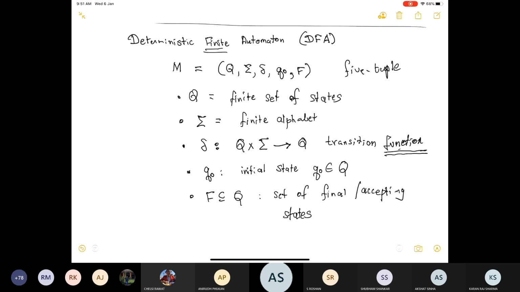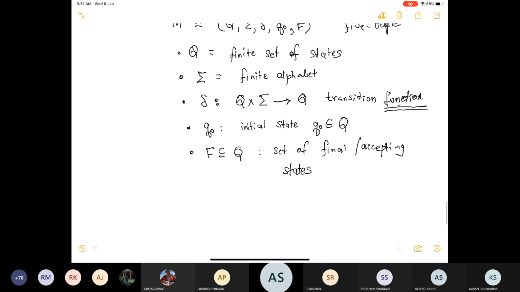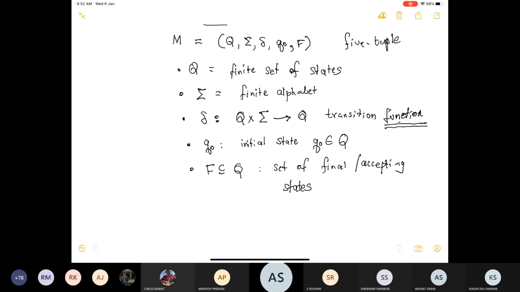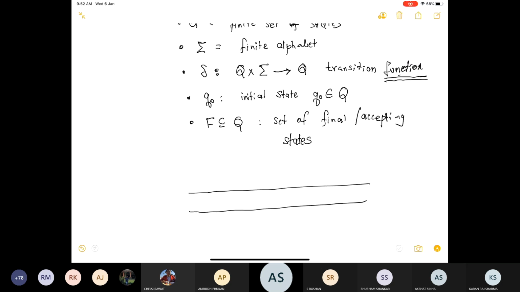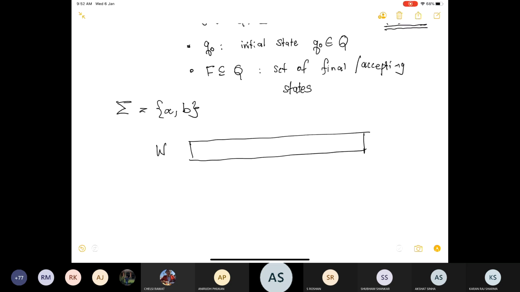So what is the behavior of this machine? Let me draw a picture. Suppose your input alphabet sigma is {a, b}.